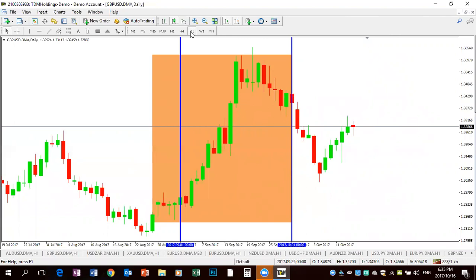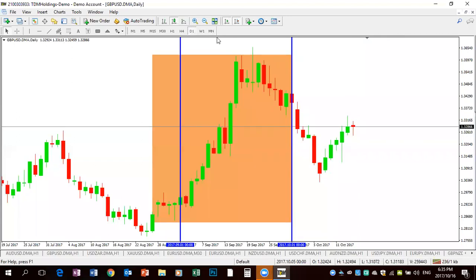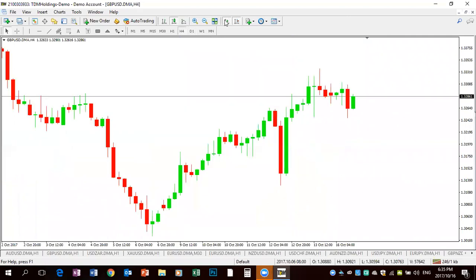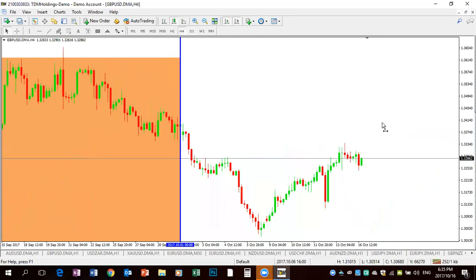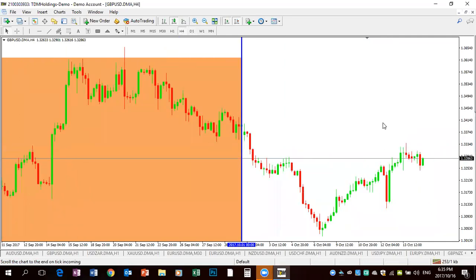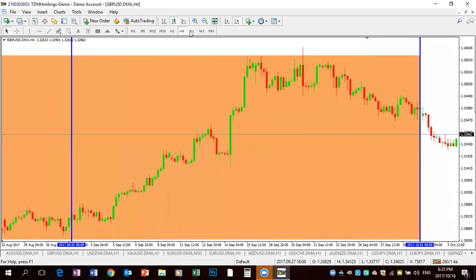So whatever is happening in a monthly time frame is exactly what is happening in a daily time frame. Now, if you go to the 4-hour time frame, you'll see that you have a very long trend. After each and every 4 hours, the market creates a candle.